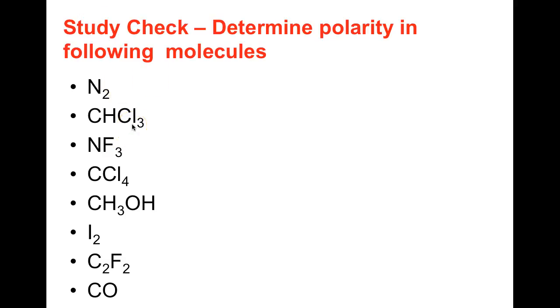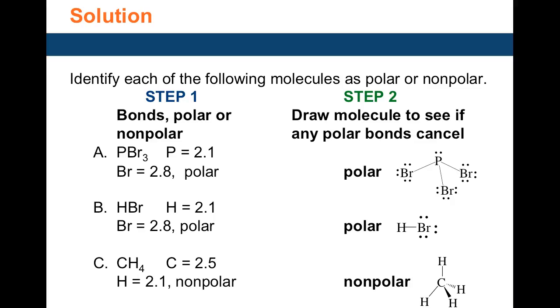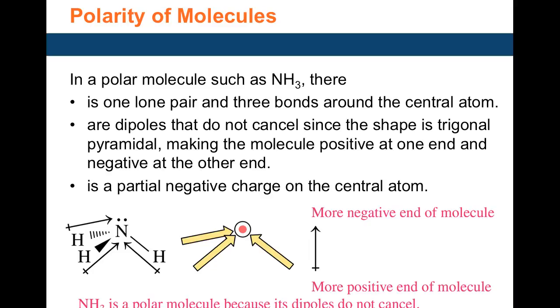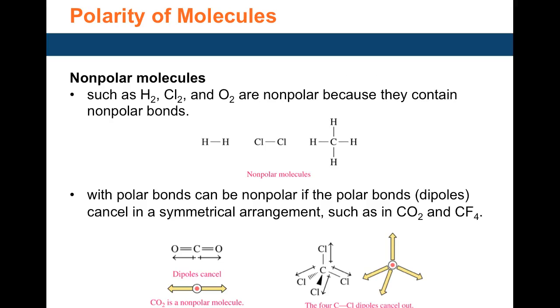Now, if you look at CCl4, in the previous slide, did we see CCl4? You see that this is CCl4. Suppose you replace this with a hydrogen. Then this bond is going to be non-polar.